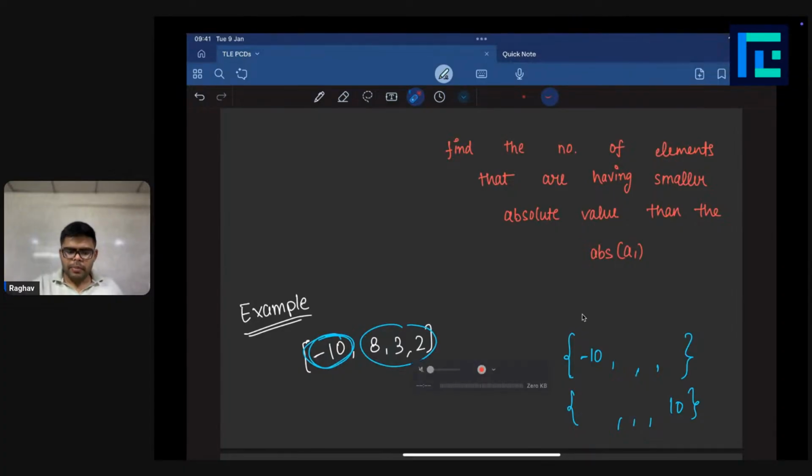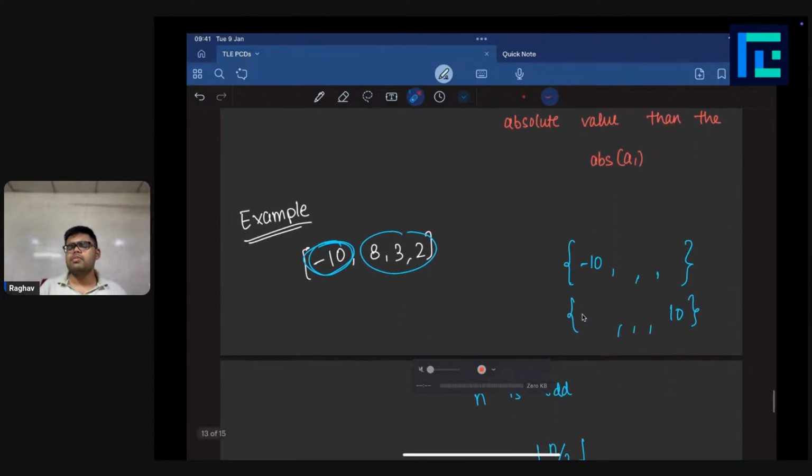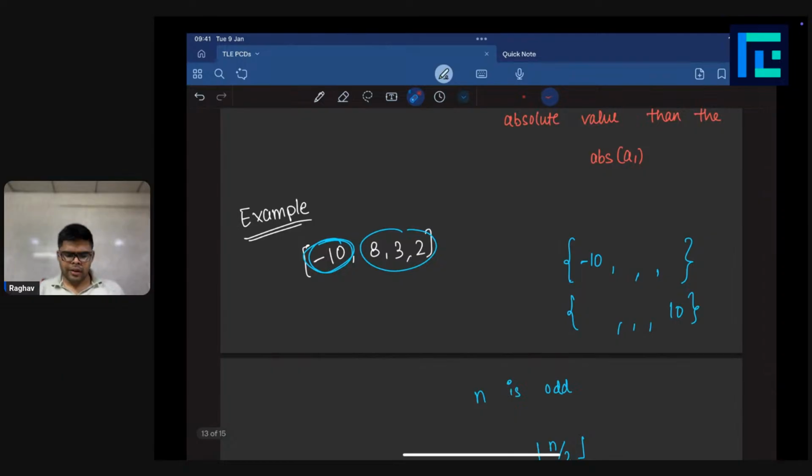And for the other people who are having a greater absolute value than A1, we can decide whether they should be on the left hand side or right hand side according to our choice by applying the operation on some elements and not applying it on some elements as we wish.